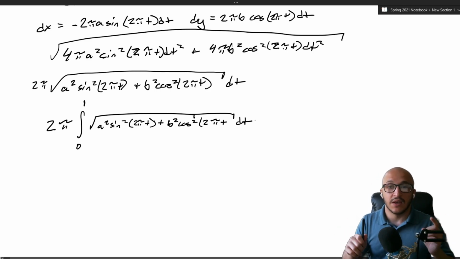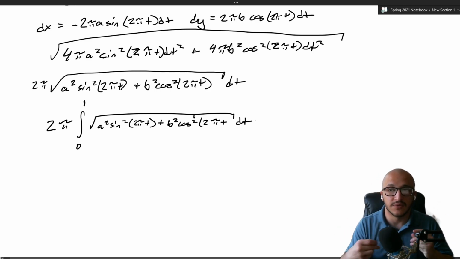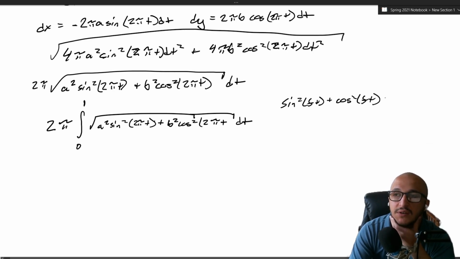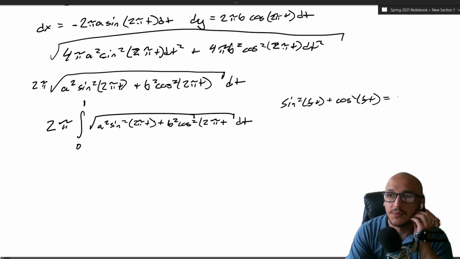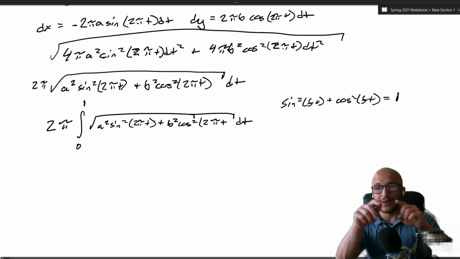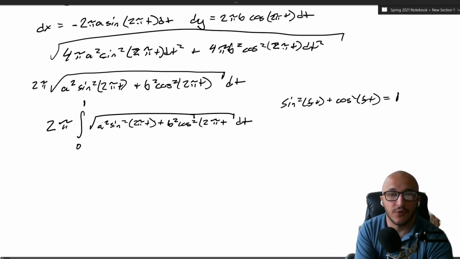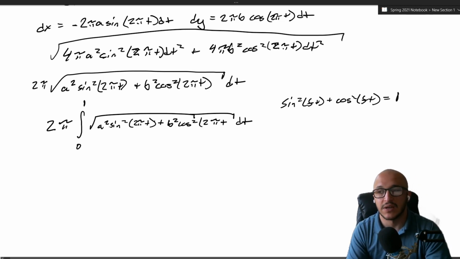And this makes sense because remember, sine squared of some frequency times t plus cosine squared of some frequency times t equals 1. So if a and b are the same, a and b are weighting each of them the same, so this value will be whatever a or b is times 2 pi.